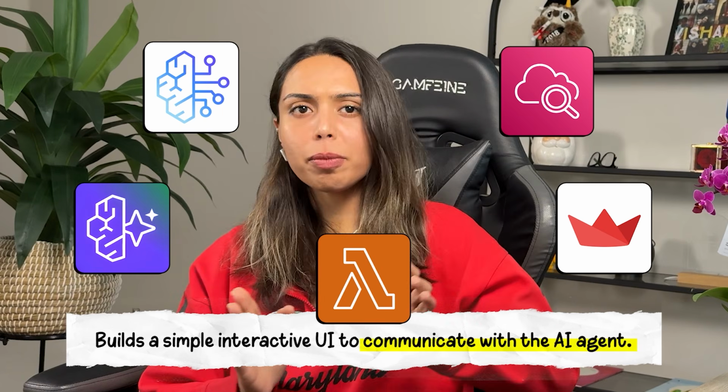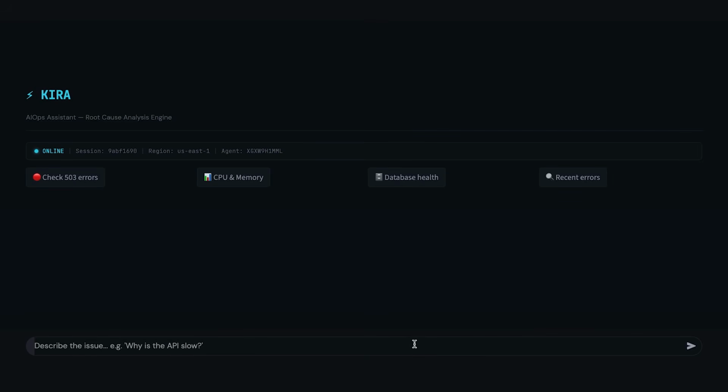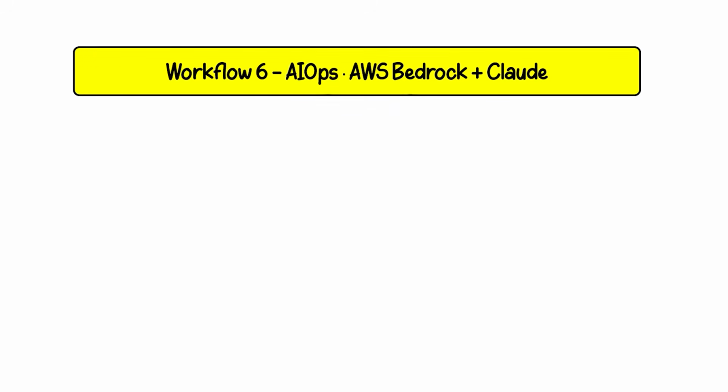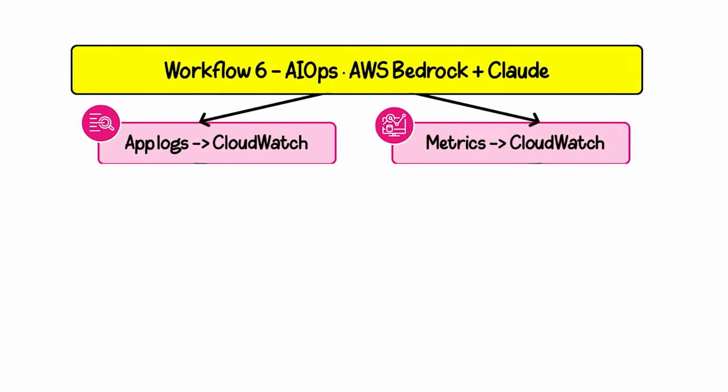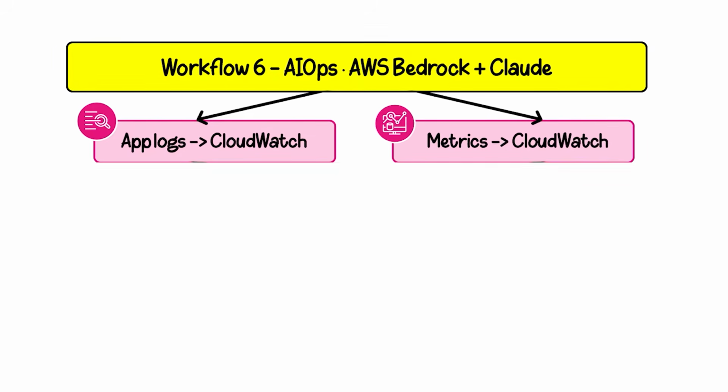Before we go into deploying these things, let me give you a sneak peek of how it will actually look like. Here we will have this chat interface. We have named it Kira, and in the chat box you will ask a question. Why are we seeing 503 errors? That request goes to the Bedrock agent running a model as the reasoning engine. It hits the agentic loop and decides, I need logs, I need metrics, let me check the service health.